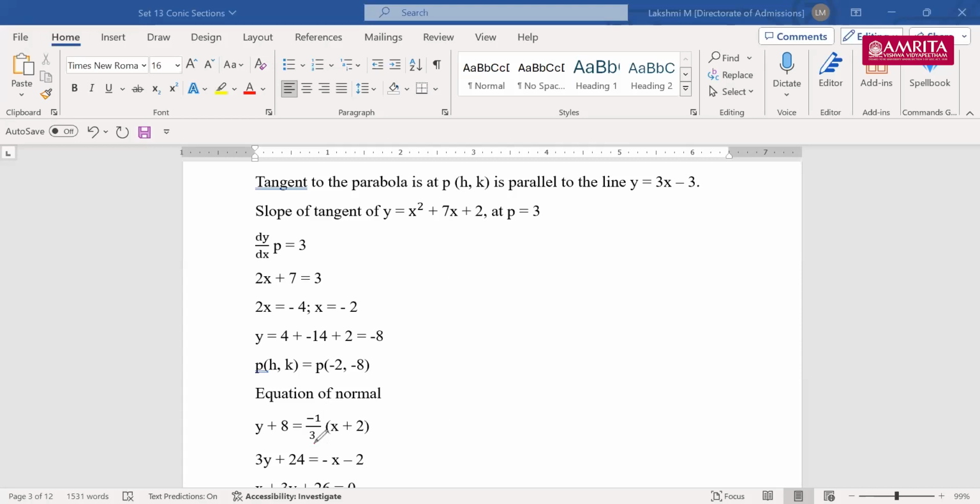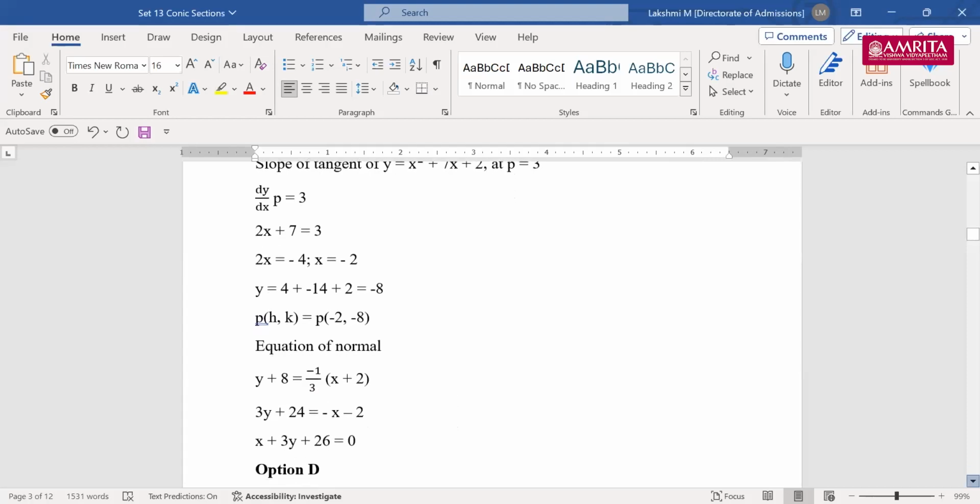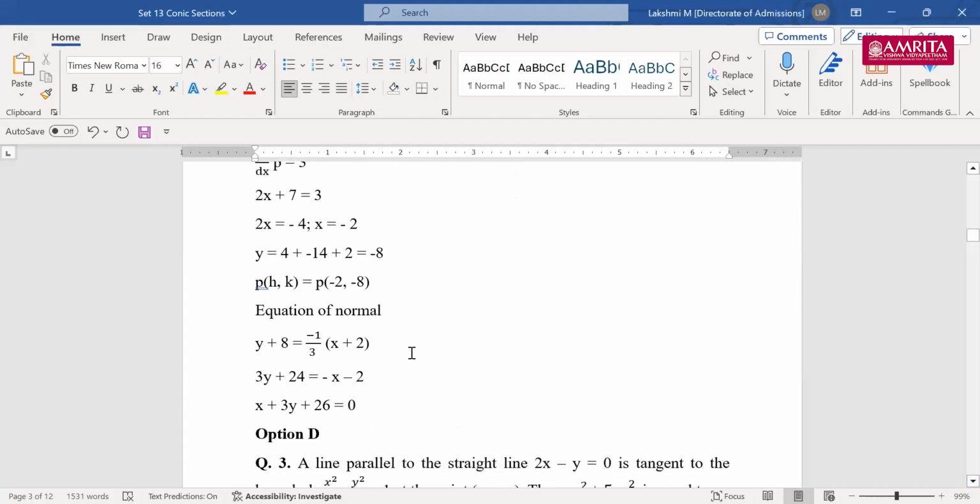That's how here it comes as minus 1 by 3 into x minus minus 2. So if you are solving this part, you'll be able to find out the equation easily. So it's a very simple question. There are very few steps for you to solve.